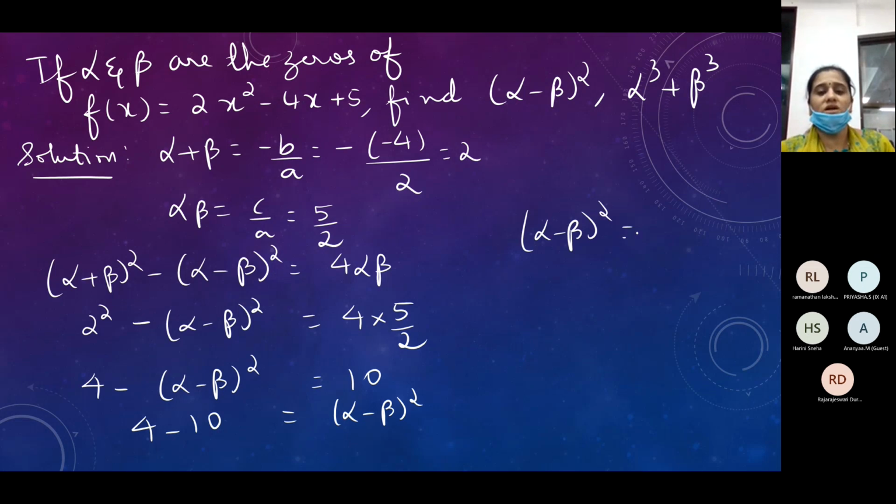Is this right? I don't have the answer. Am I right? Or we can use the identity to find the value of alpha minus beta the whole square.